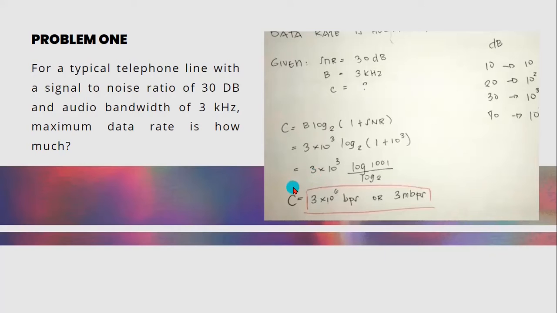So the next formula is 3 times 10 to the power of 3 times log 1001 over log 2. Base 2 means we need to divide by log 2. If you calculate this formula, you can sum up that our capacity is 3 times 10 to the 6 bits per second, or 3 Mbps.